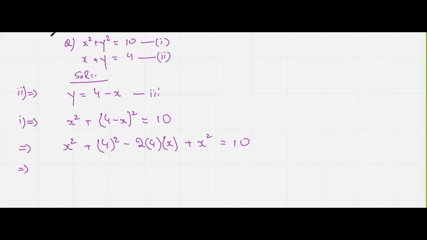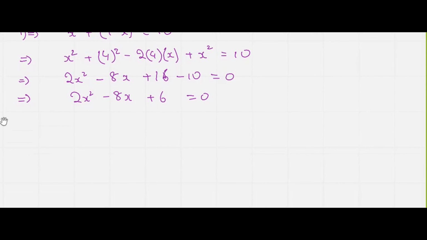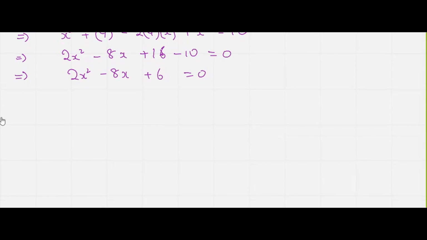You can see now this is x square, and x square give me 2x square minus 8x plus 16. I shift this 10 over here, it becomes minus 10 equals to 0. So I am having 2x square minus 8x plus 6 equals to 0. So you see these three numbers 2, 8 and 6 having an HCF of 2.